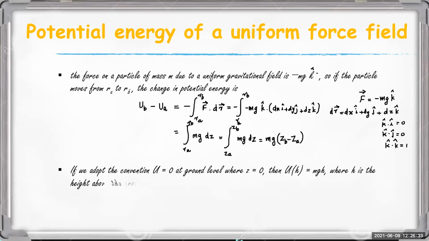And here, if we adopt the convention I discussed previously, that U is equal to 0 at the ground level where z is equal to 0, or we take the initial point at z equal to 0, at that point we take the potential energy to be 0, or UA is equal to 0 at za, that is the ground level.